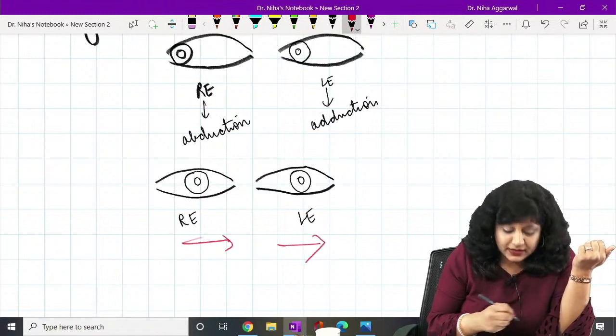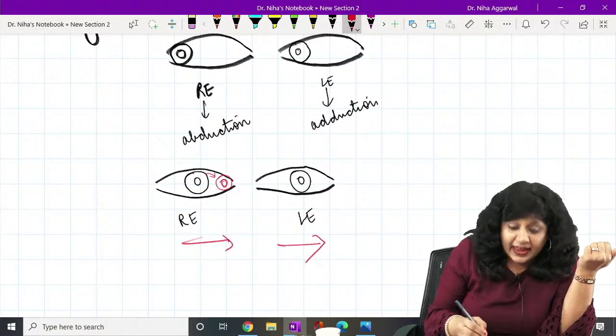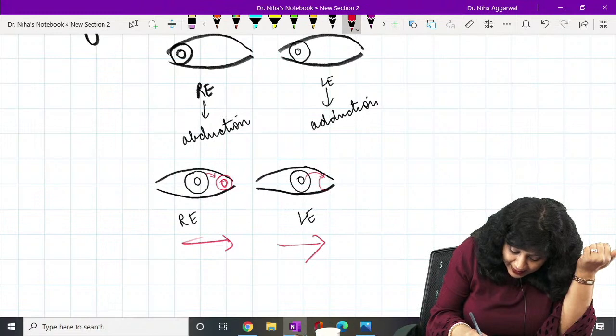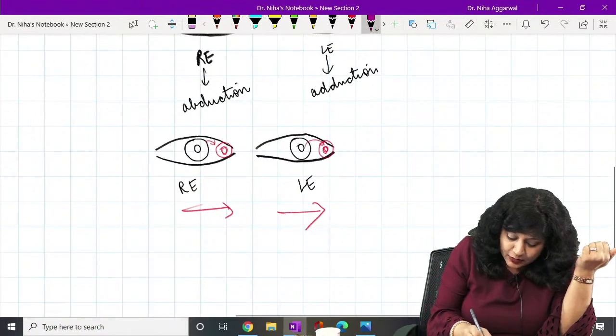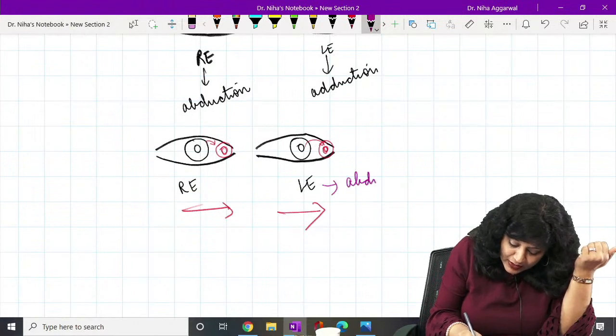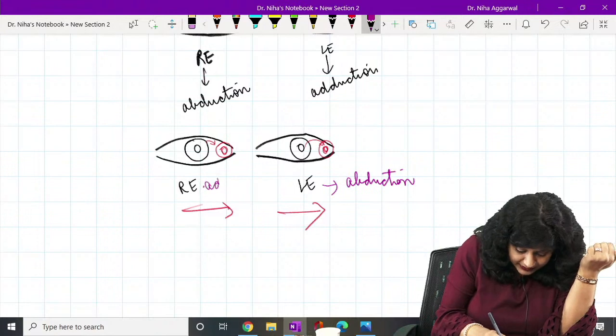Now my right eye will be adducting like this and my left eye will be abducting like this. So now the left eye is going into abduction and my right eye is going into adduction.